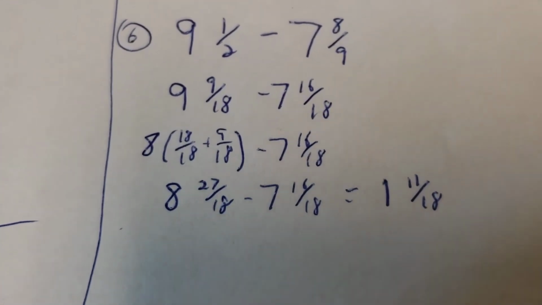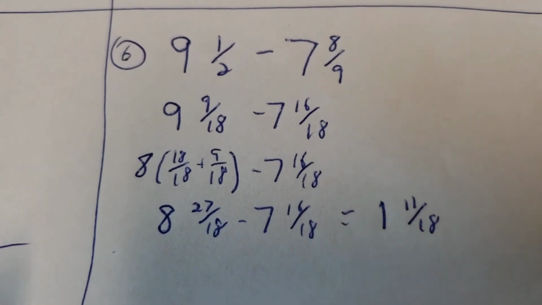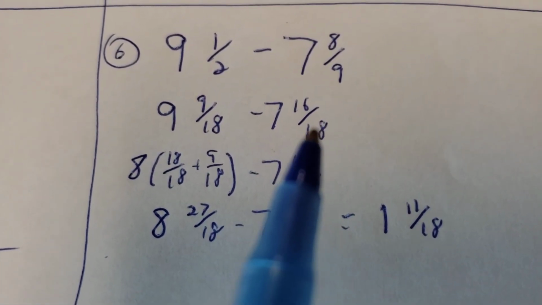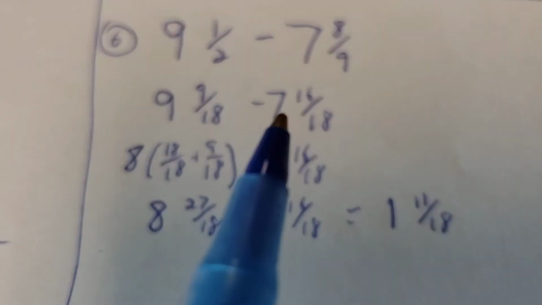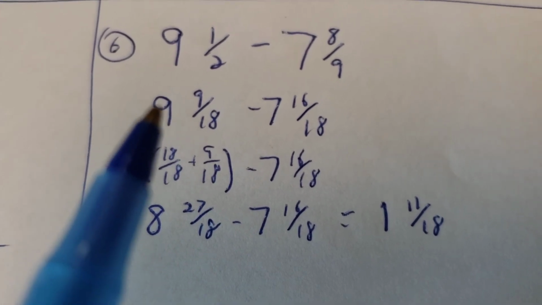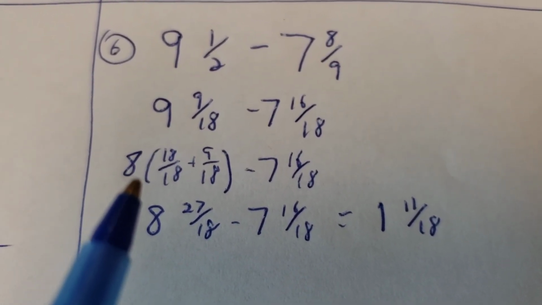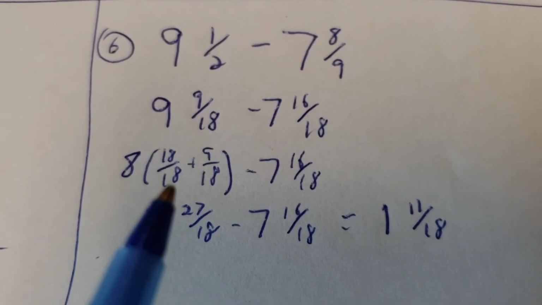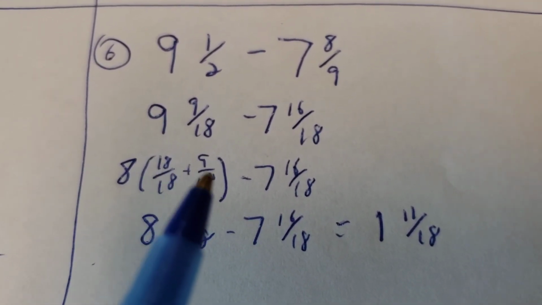Number 6, I got 9 and 1/2 minus 7 and 8/9. Once I get the common denominator of 18 and adjust the numerators, I get 9 and 9/18 minus 7 and 16/18. So once again, I'm going to have to borrow from that 9 and drop it down to an 8. The one that I took away becomes 18/18. I filled it all the way up. And then I'm going to add it to that 9/18.